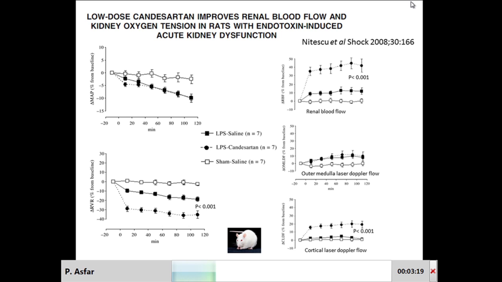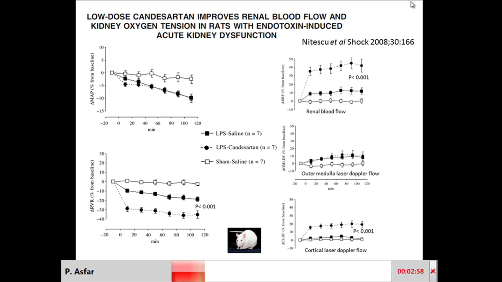So the animals treated with candesartan decreased their blood pressure very slightly. The renal vascular resistance decreased, and the renal blood flow was increased with candesartan.